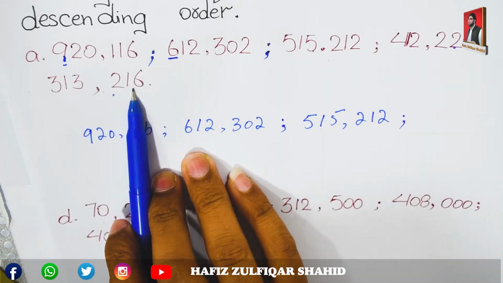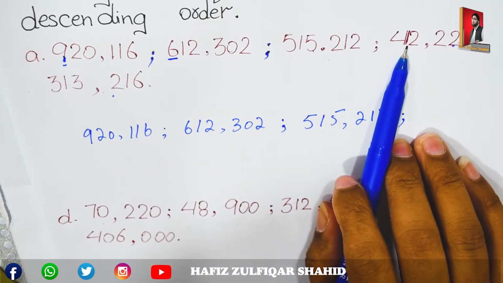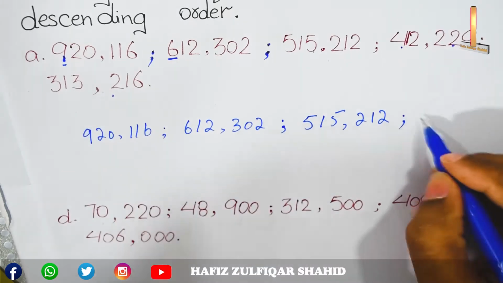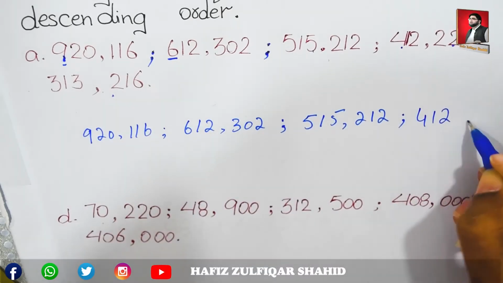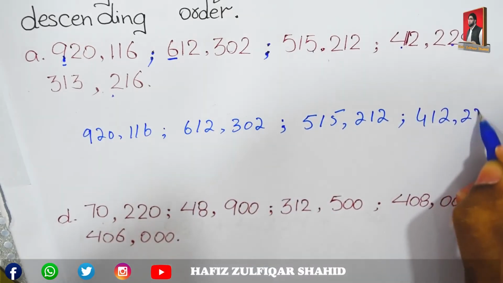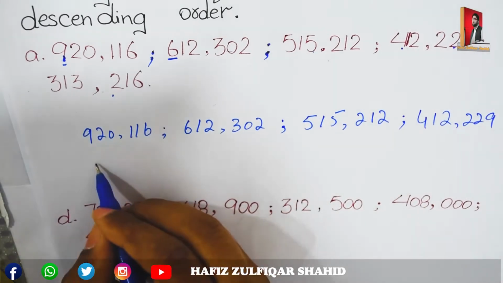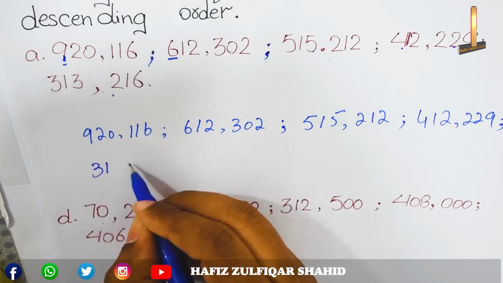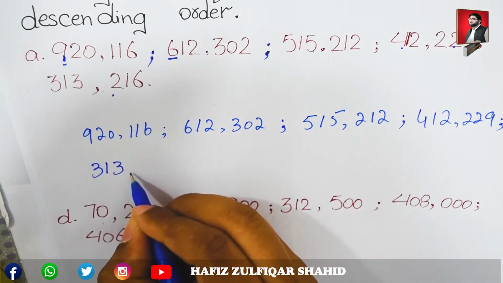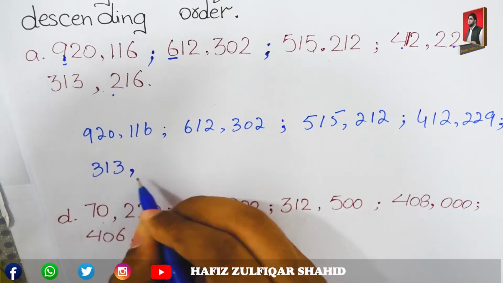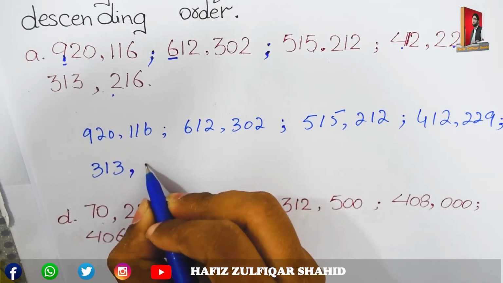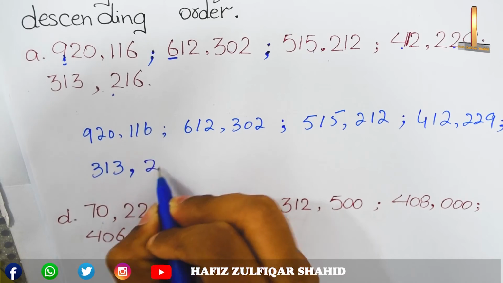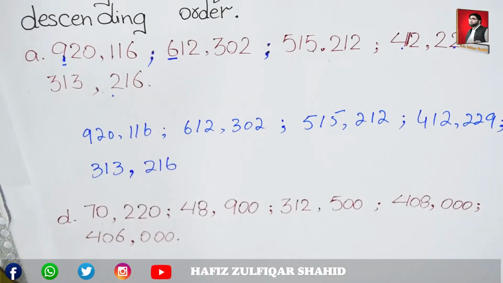Now compare these 2 values, 412 and 313. We know that 412 is greater than 313. Fill this and write down the smallest value in the given bunch, which is 313,216.